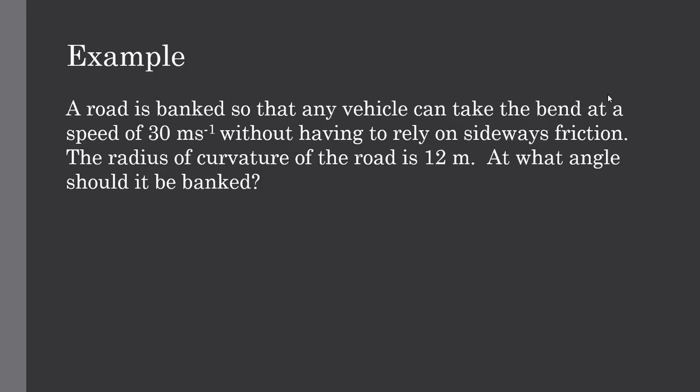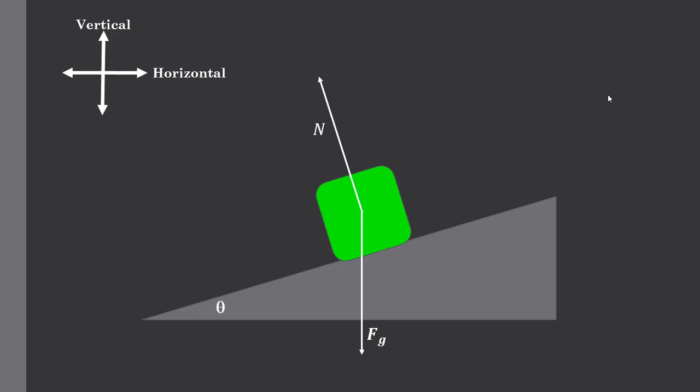Now let's apply this to an example. As you can read, we have here a vehicle that's travelling at 30 meters per second that can take a bend without having to rely on sideways friction because of a banking or an angled track. The radius of the curvature is 12 meters, and we want to know at what angle it should be banked. We don't have any frictional force in this example.